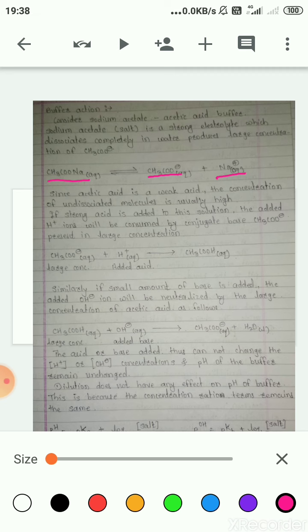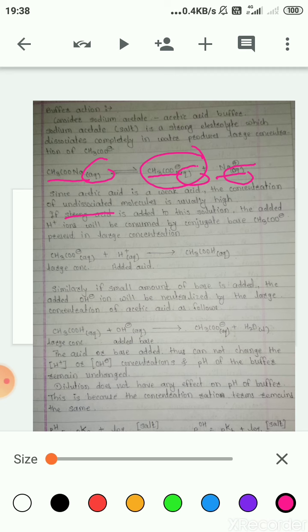To represent the ions or the salt in water, don't forget to write aqueous in the subscript of the salt, acid or ions. Now if we add a strong acid to the solution, this acetate ion abstracts the H plus ions.